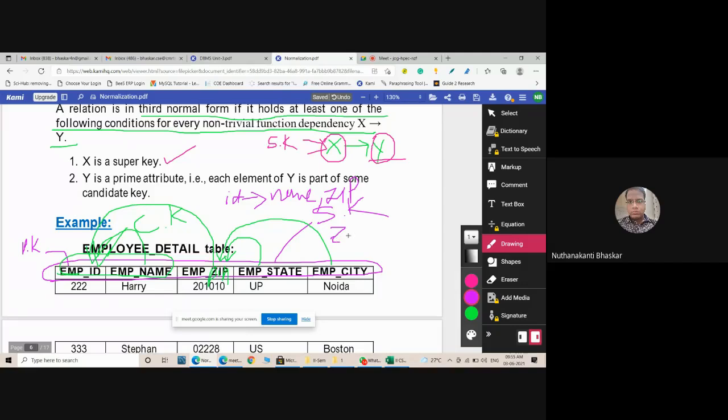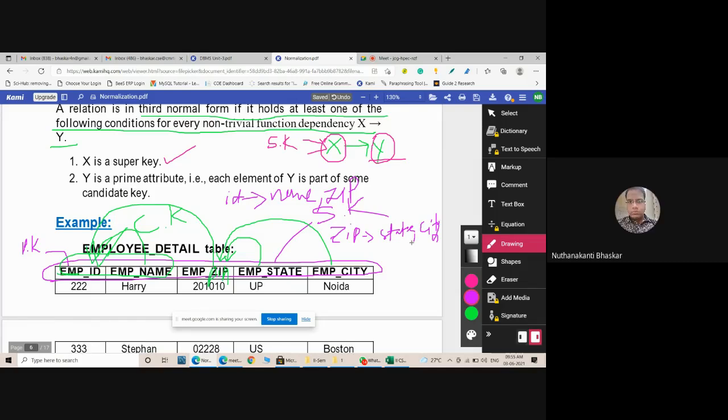Now zip determines state and city. If you observe, ID determines name and zip, and zip determines state and city. Now, is any transitive dependency observed or not?